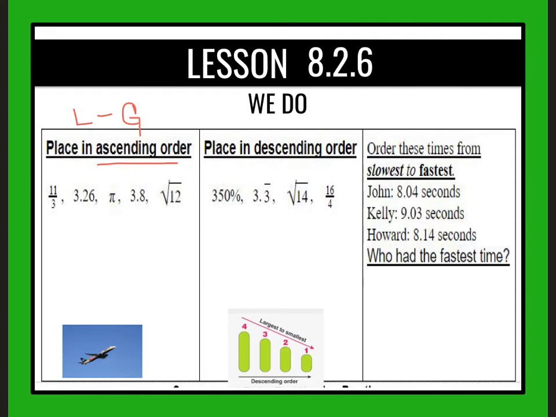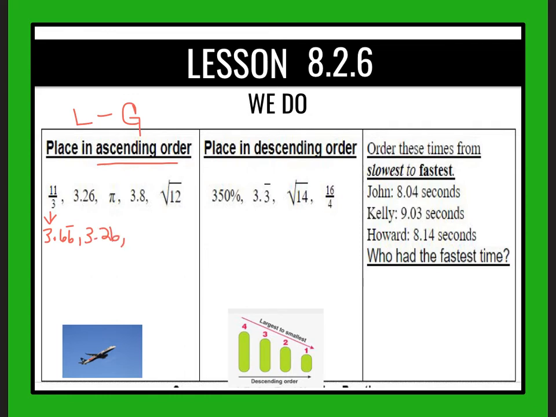So again, I'm going to follow the same strategy that I used. I'm going to take my 11/3 and write the decimal form for that. And when I do, I get 3.6 repeating. I don't have to do anything to 3.26.